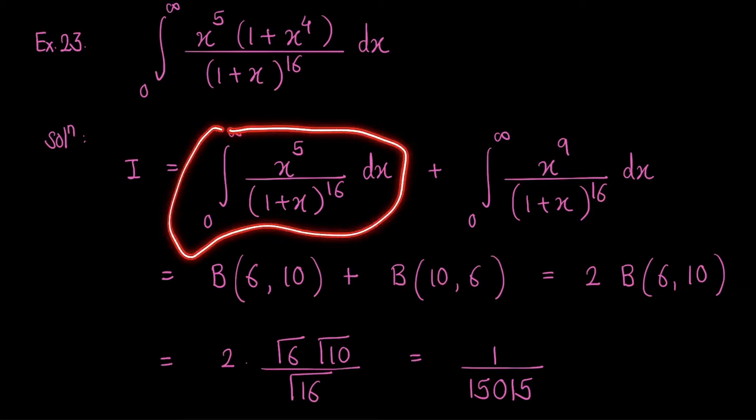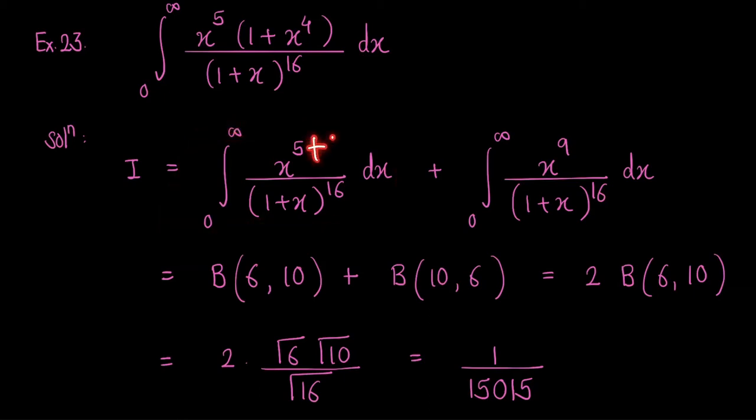Now by that formula the value of the first integral will be beta of 5 plus 1, that is 6, comma 16 minus 5 minus 1, that is 10, plus the value of the second integral will be beta of 9 plus 1, that is 10, comma 16 minus 9 minus 1, that is 6.